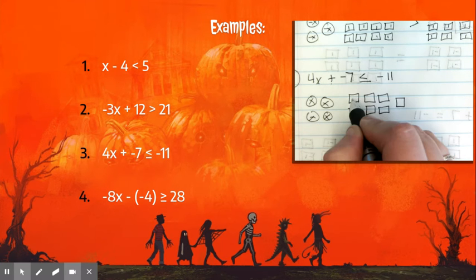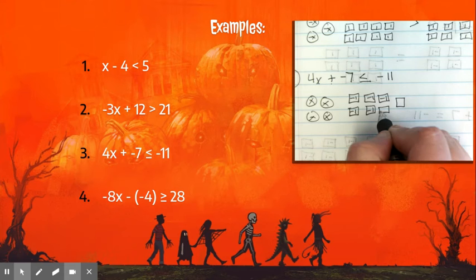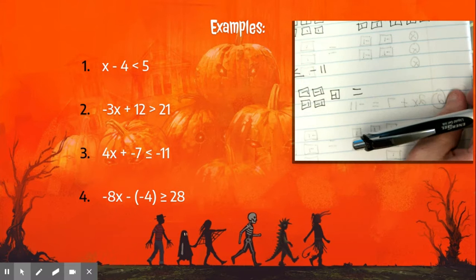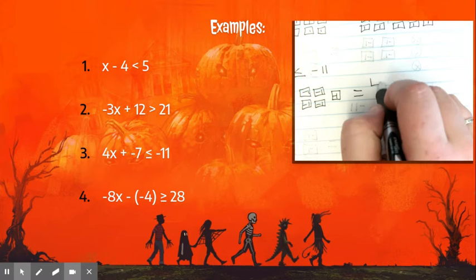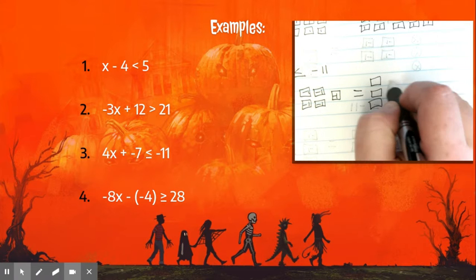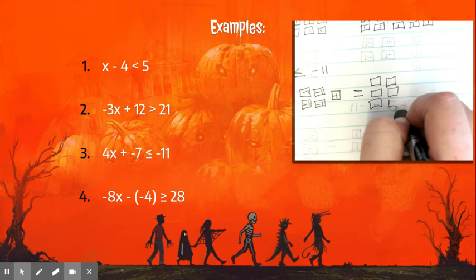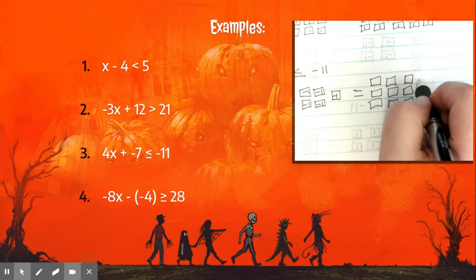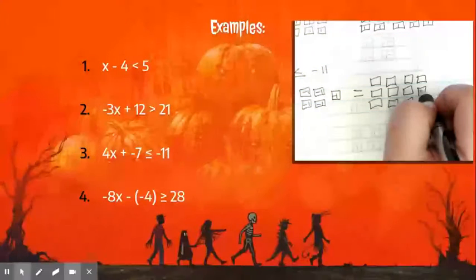Negative 1 on each of these. So that's 7 there. And that's going to equal negative 11. So I'm going to have 11 negative ones over here. Negative 1 on all of these.